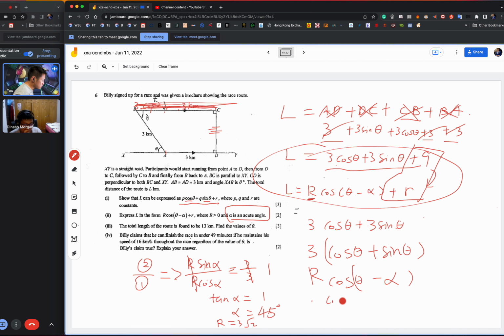So I hope what you can see is this cosine theta and cosine alpha, so it's plus, so sine theta is sine alpha, and this is equal to this, so this is 1, right? And then this is 1, right? Okay, we cannot do it.